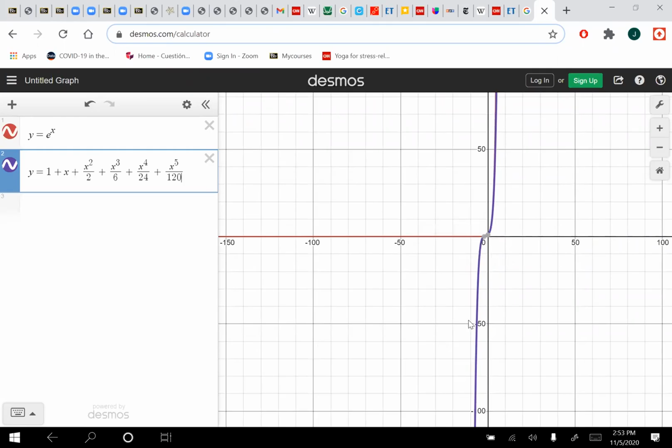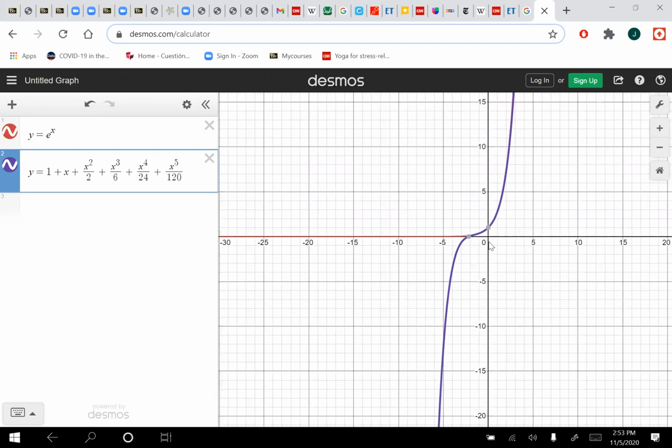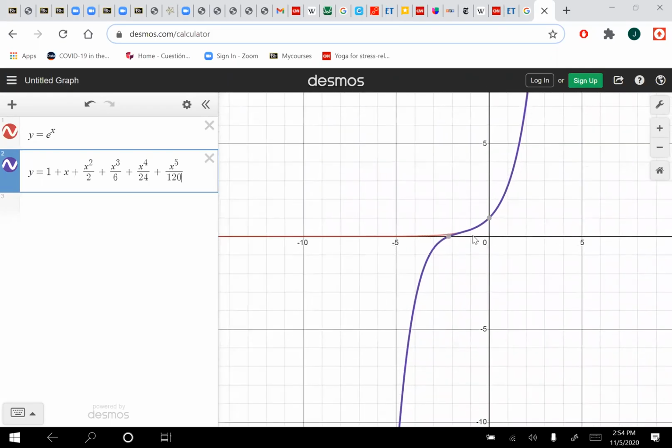When it's negative, it's not good. But if I go closer, between -2 and 2, I have almost a perfect match. You see? Between -2 and 2, the match is almost perfect.